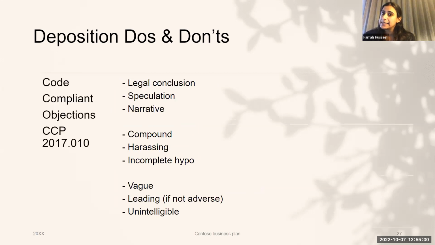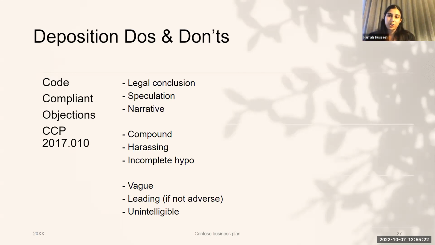Next slide, please. So here's a list of code compliant objections. I will briefly mention them. Stating a legal conclusion, something that calls for speculation, a narrative, a compound question. Again, it's all about the clarity of the transcript.